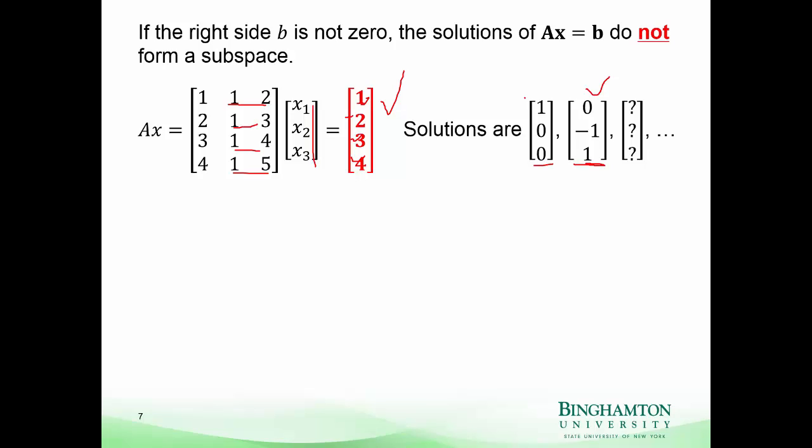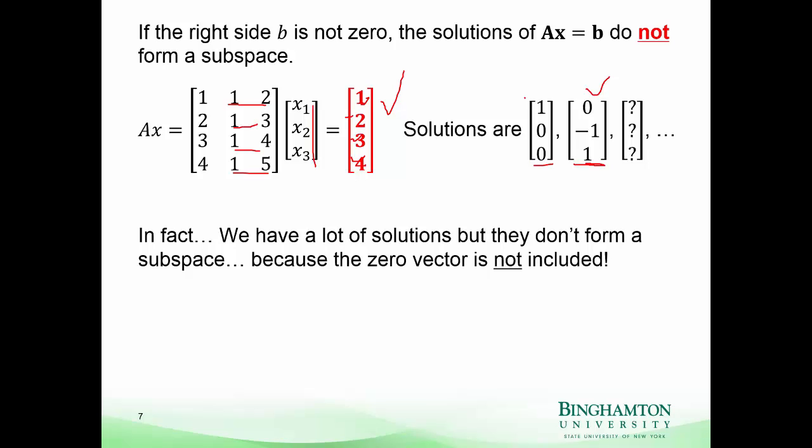Now, these are not two separate things. As we'll see soon, thinking about the case where the B vector is equal to 0 is an important part of solving it for any non-zero B. So the fact is that we have not only just these two solutions, but we've got many solutions.